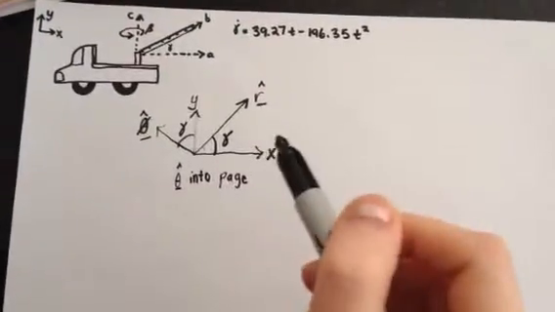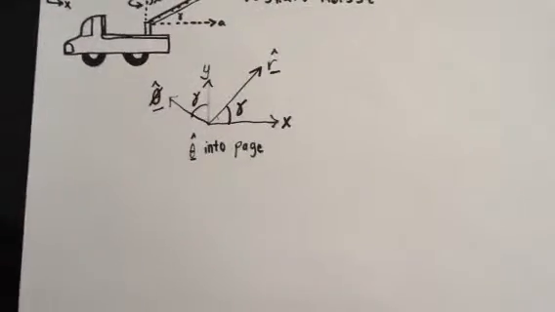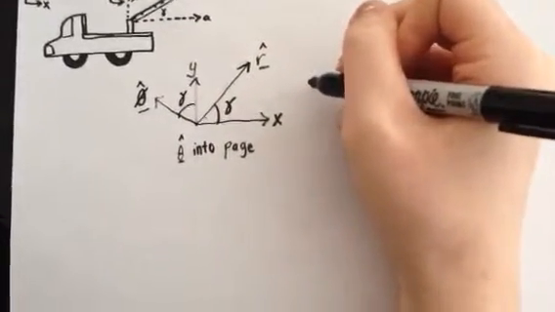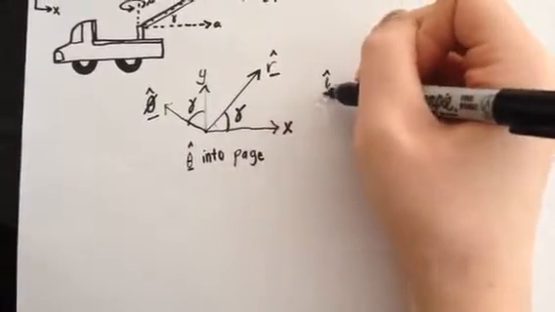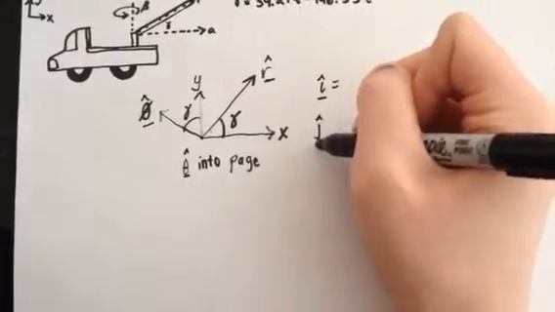If you want to convert, for instance, to get it in terms of r and phi, you set up a relationship for the x, or the i, and the same with the j.